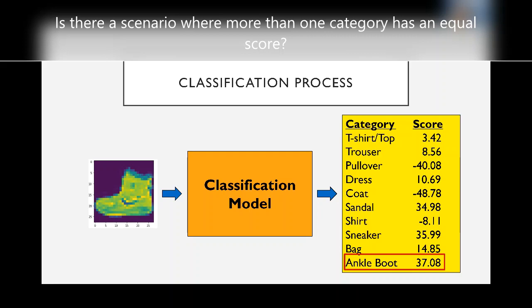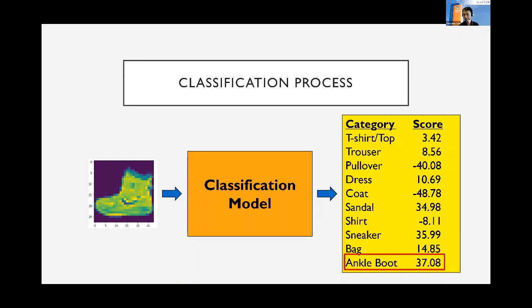But in many cases, the scores are going to be somewhat different, so they're not going to be equal. If they are equal, a straightforward way will be to just randomly choose one of the two, or potentially you could output to say that, hey, there are two possibilities. There are different ways that you can go about implementing this.